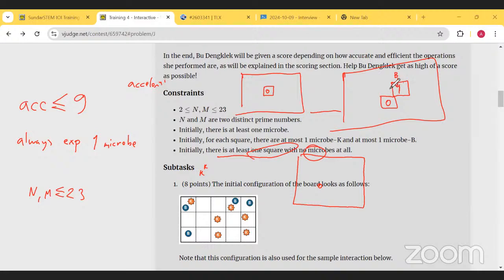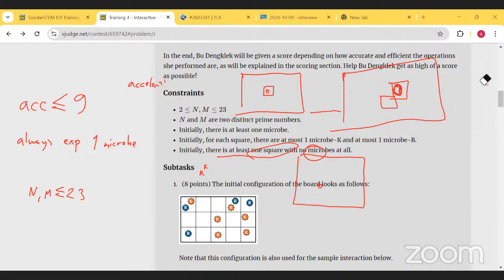But we know that in the previous state, there is no microbes at all here. So if there is a microbe here, it must be only one. We can make sure it is only one, so we can just do the experiment here. So the location will be empty.